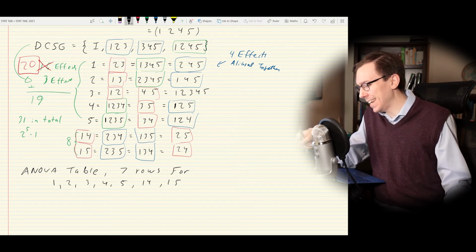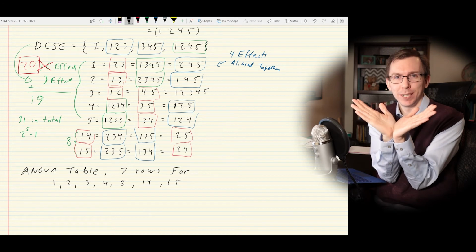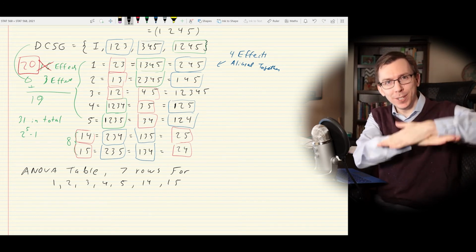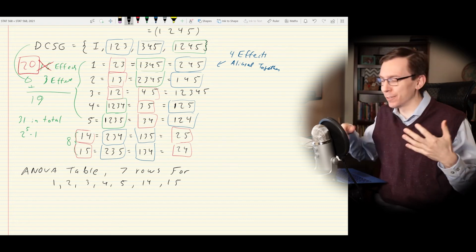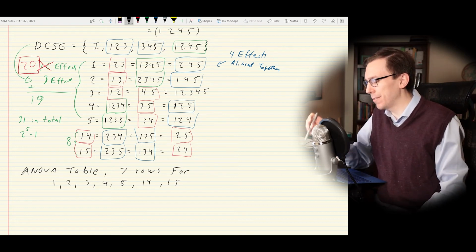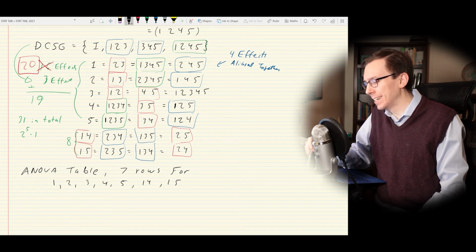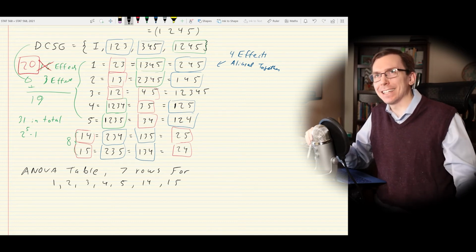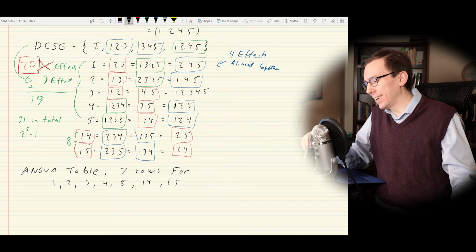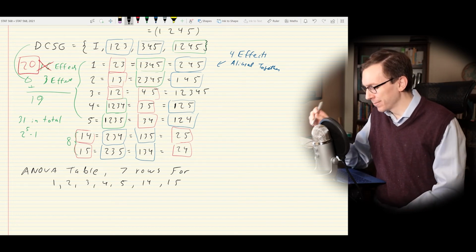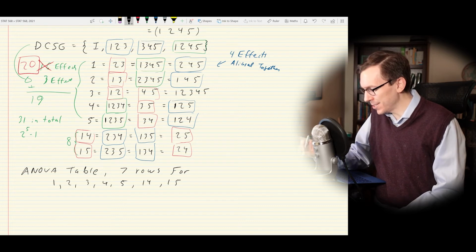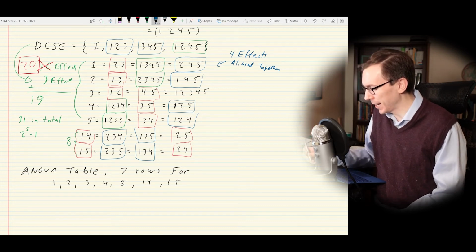Right, and that's what happens. So we've basically taken our design and we folded it over once, and then we folded it over again to cut it in half and cut it in half. Every time we fold it over, one of the interaction effects gets aliased with the identity. And then when we alias it a second time, we now get 2 more terms aliased with the identity. So, all right, let's do the final count and then make sure we got this right.